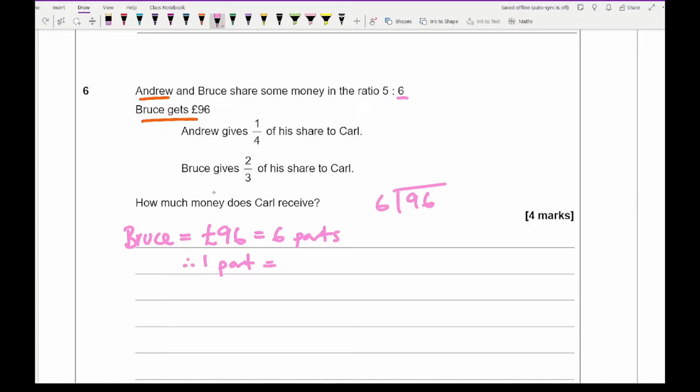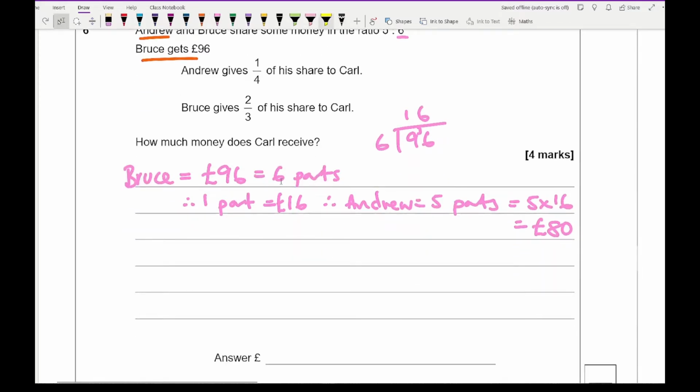Working this out, that equals £16. So therefore, Andrew, who equals 5 parts, is going to equal 5 times 16, which is £80. So Bruce is getting £96 and Andrew is getting £80.